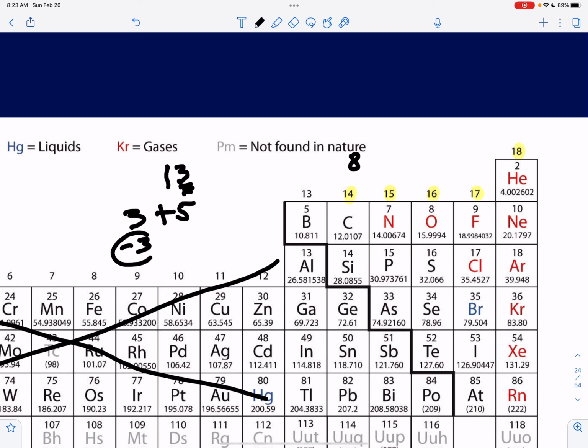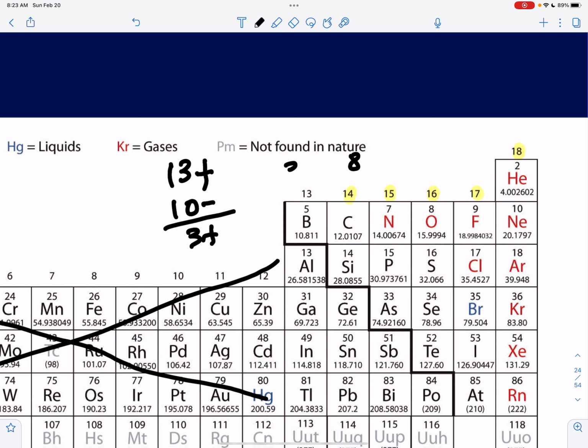The smaller number is losing 3. So in that case, aluminum began with 13 protons. It has 13 electrons, but we're losing 3. So instead of 13, it's going to be 10. So overall charge is going to be 3 plus. That's what this will be, 3 plus.